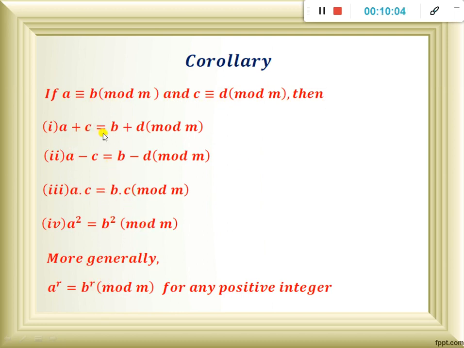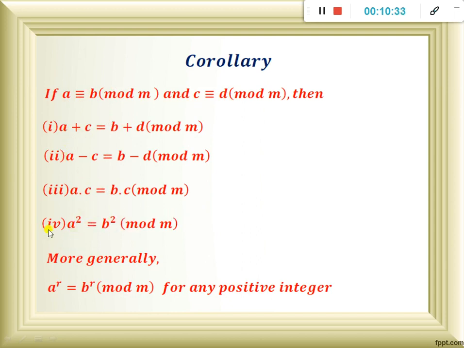A plus C is congruent to B plus D mod M, and A minus C is congruent to B minus D. That means I can add the left hand side values, subtract them, and multiply them, and I could also square both sides. A plus C is equal to B plus D, A minus C is equal to B minus D, and just multiply: A into C is equal to B into D.